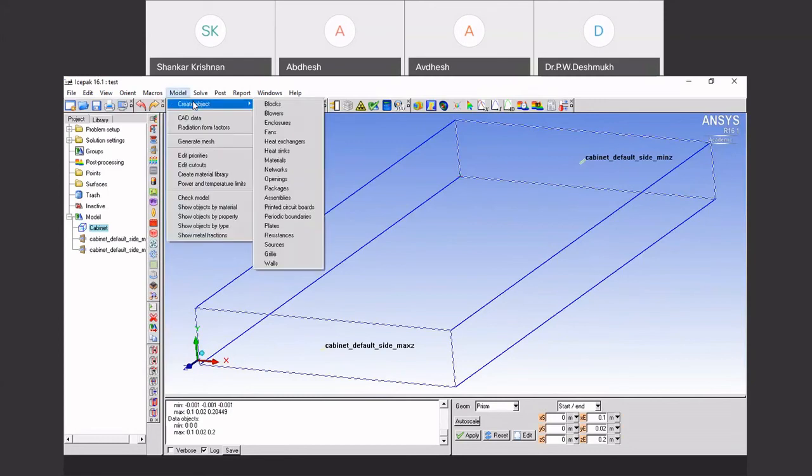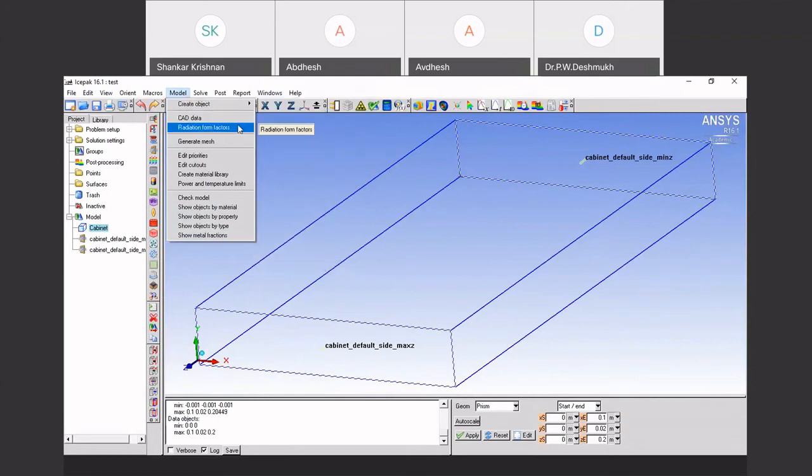If I want to import a geometry, that also can be done. You can create an object. You can see some of these objects that are already created for electronics cooling people. Then I can even import CAD data that you may have done in SolidWorks or Pro Engineer. So those can be imported as well.